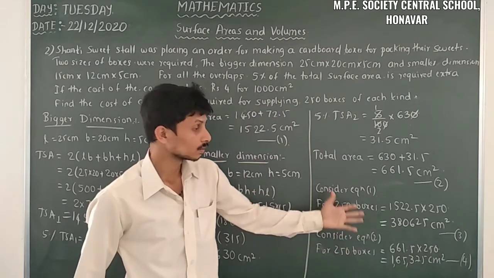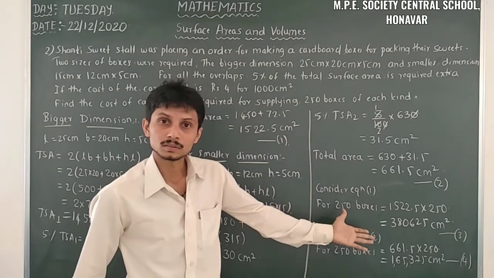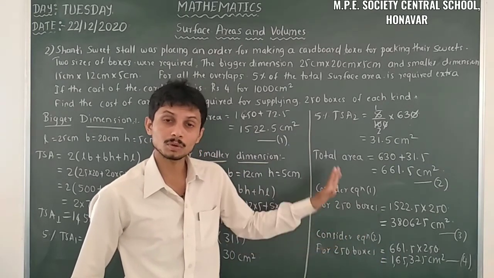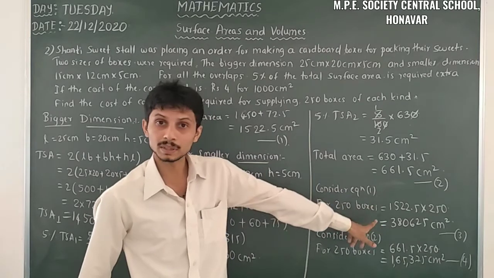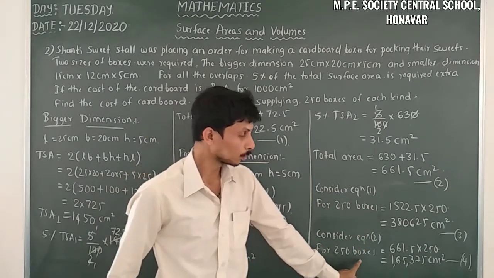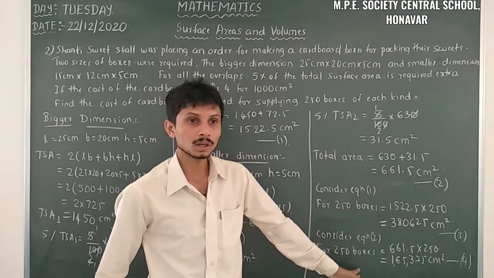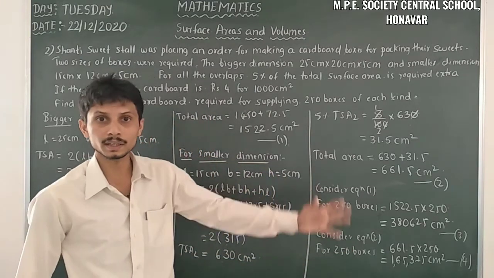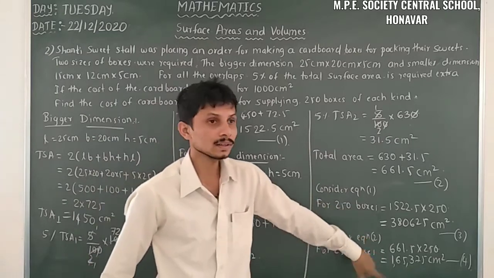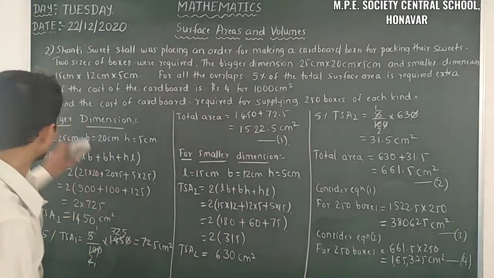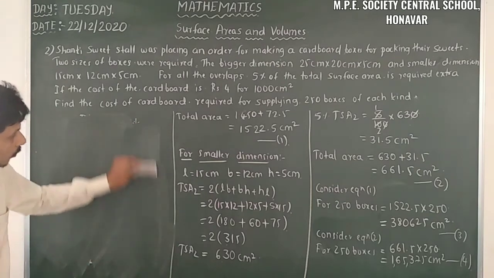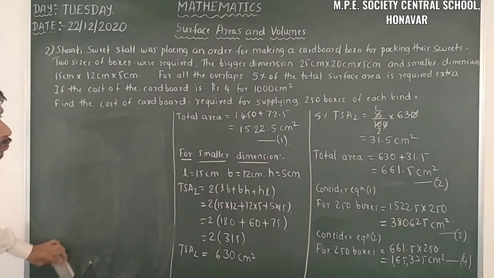We got the total area of cardboard required for the 250 bigger boxes and the 250 smaller boxes individually. Then we have to calculate the total area required. So we have to add these two. I will write this here. We have to add all these two equations.